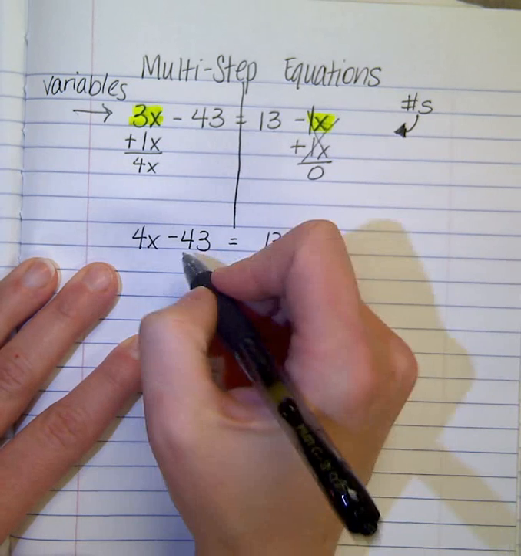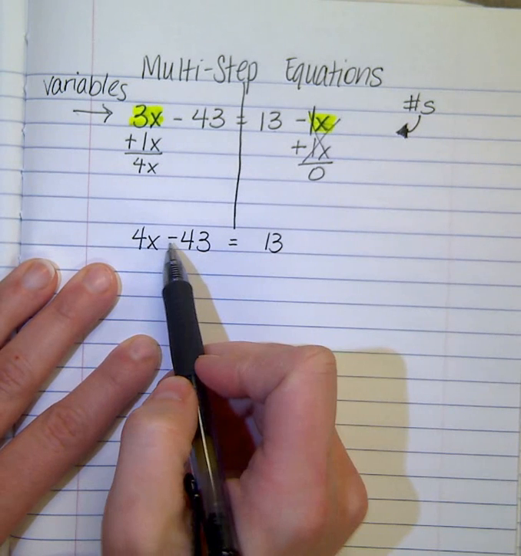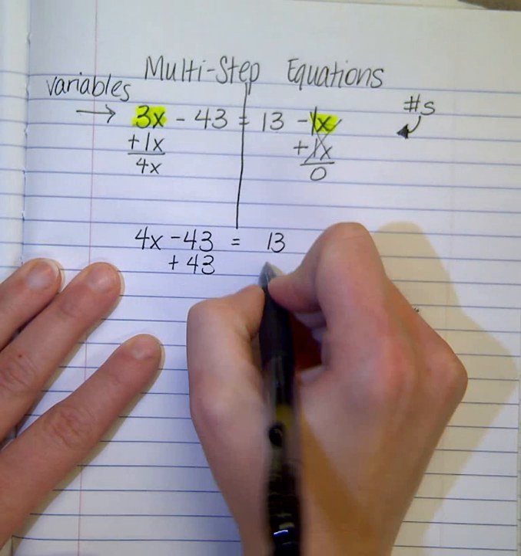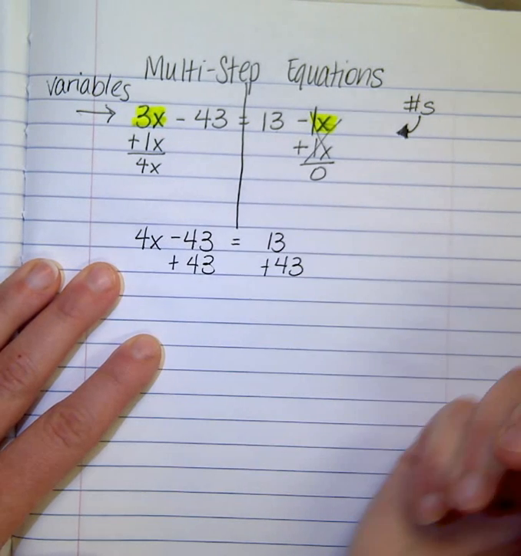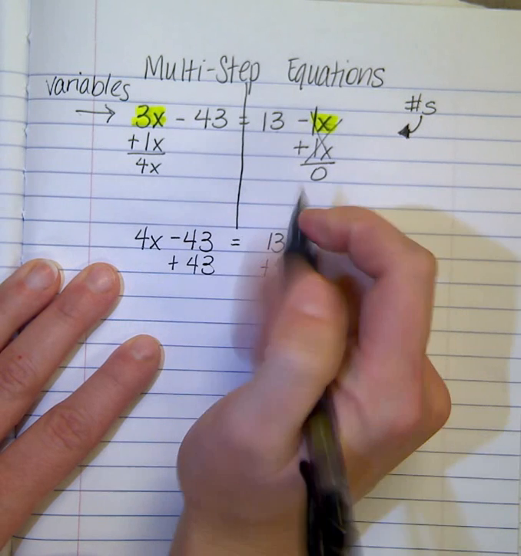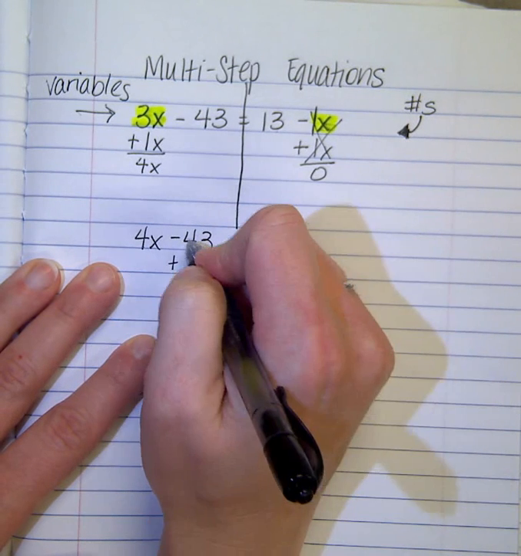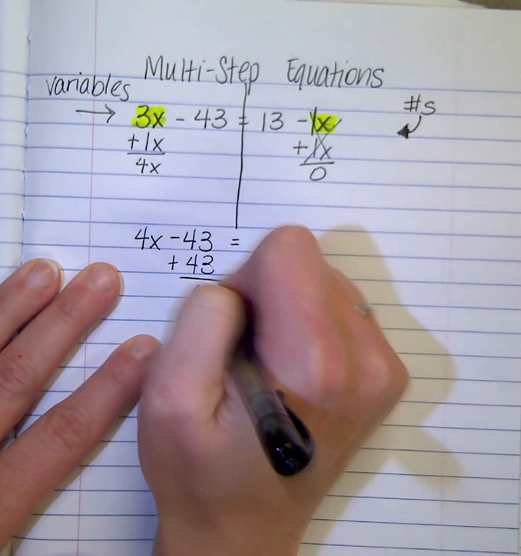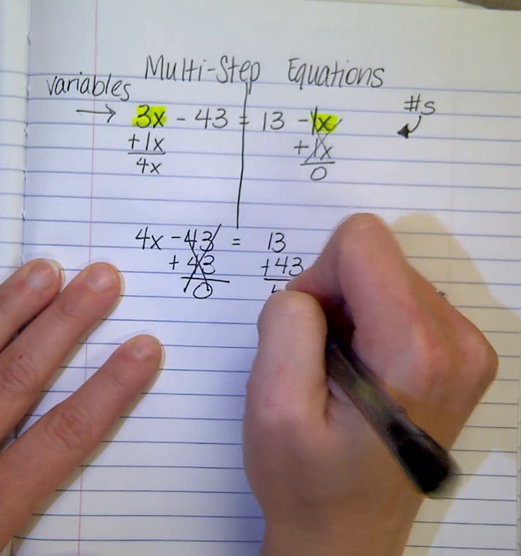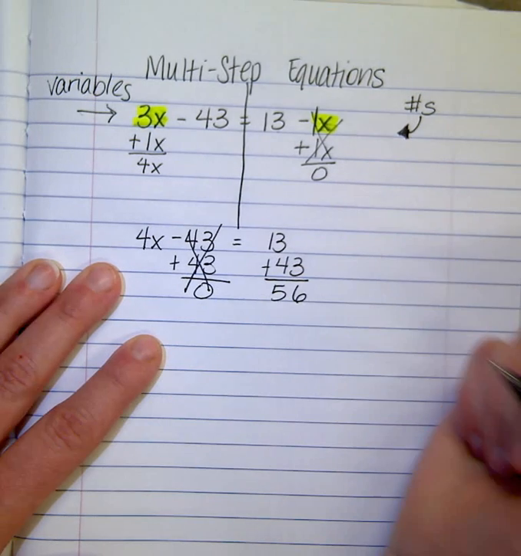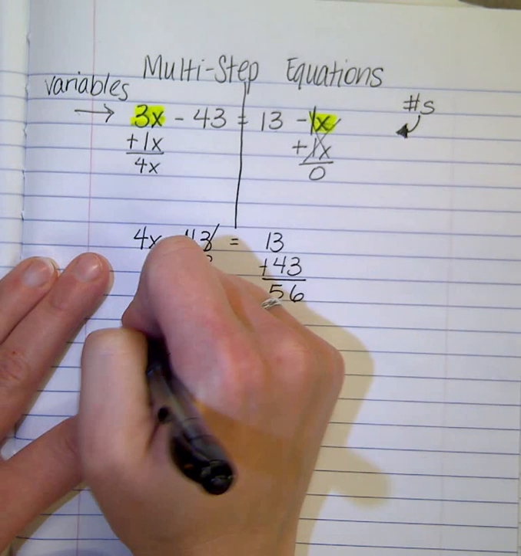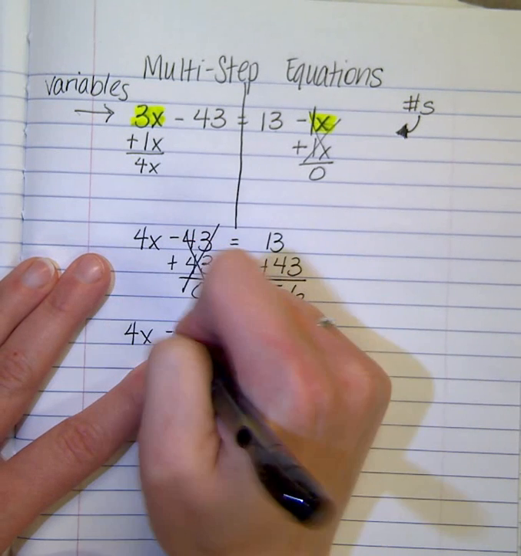Well, we can see right here it's being subtracted, so we're going to add 43 to both sides to get that off of the 4x and to get that number on the other side. So now this becomes 0 and they cancel out, and this becomes positive 56. So now if we rewrite our equation, we have 4x equals 56.